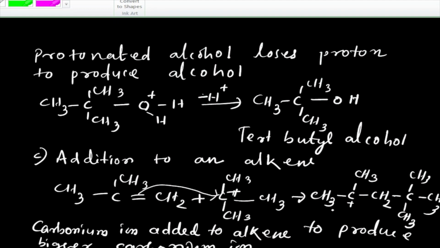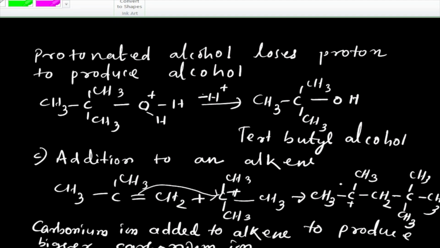Then what is the name here? You can say 1, 2, 3, 4, 5. That means it is a continuation of the chain. If you count this one, 1, and now you can observe there is no hydrogen. This is a tertiary carbonium ion. How many groups are attached? 1, 2, 3, 4, 5.